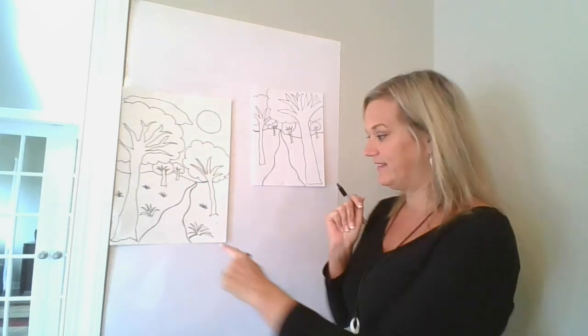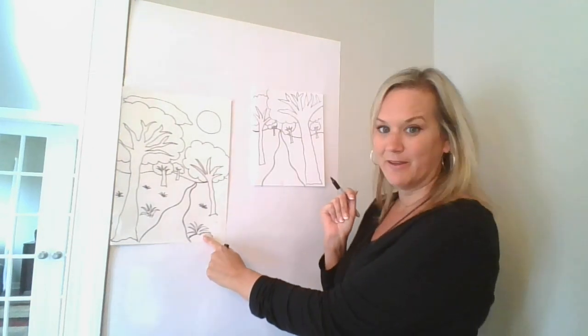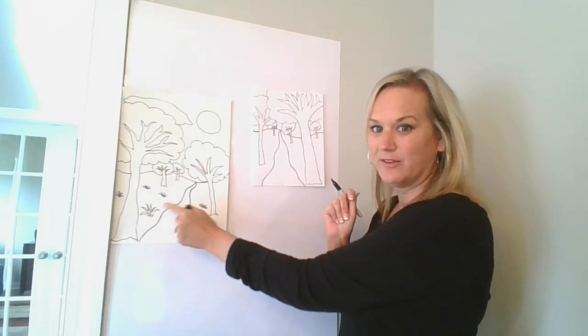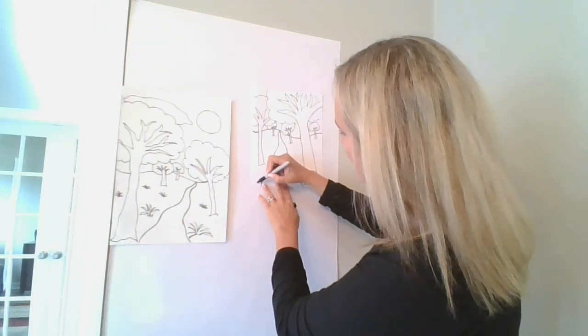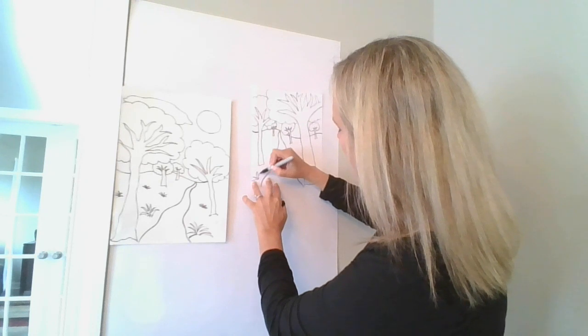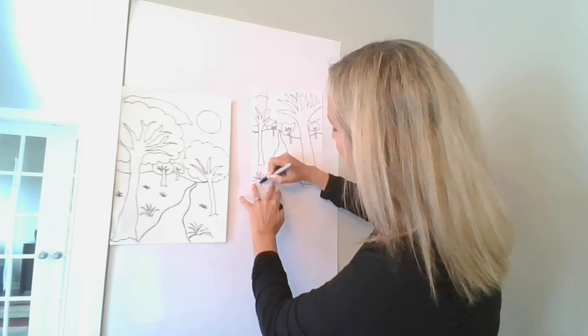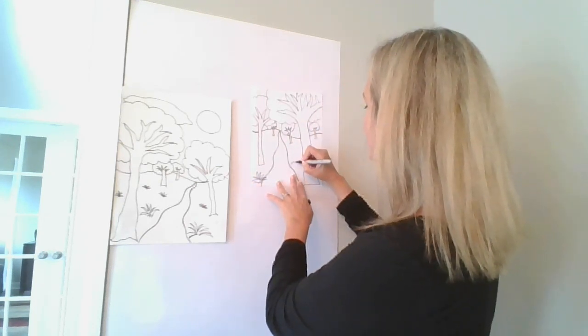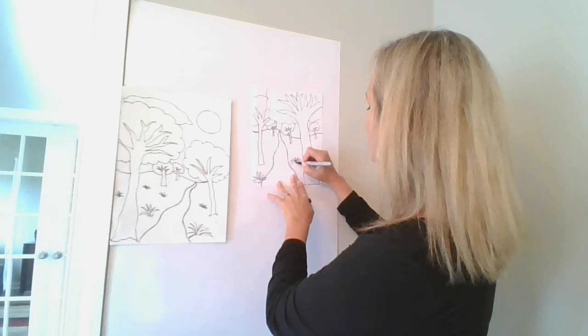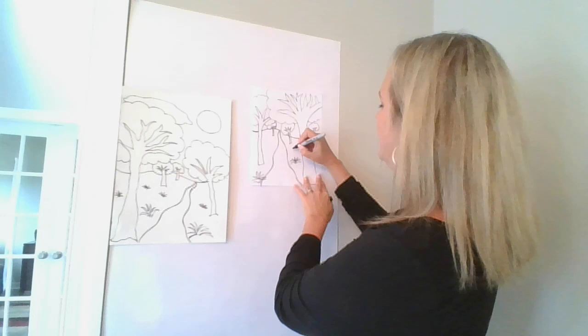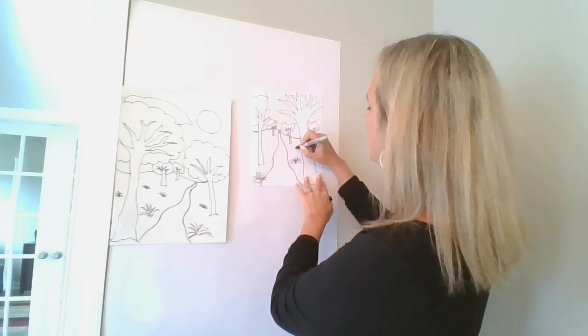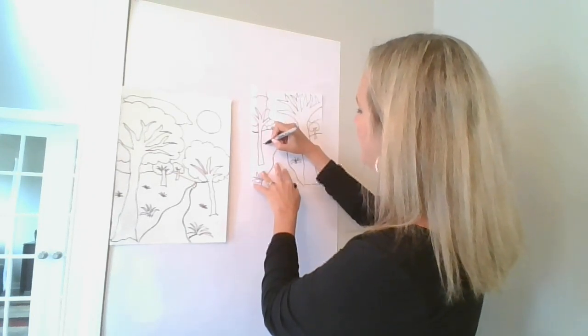Just like the trees, the closer up, the bigger the plant, and they get smaller and smaller and smaller. So, and I don't have a whole lot of space, but I'm going to add some cute little bushes. Being careful to get smaller as they go.